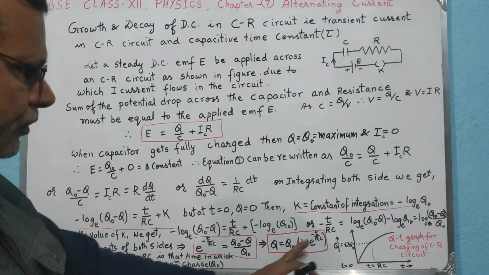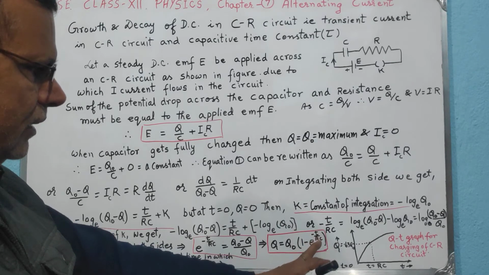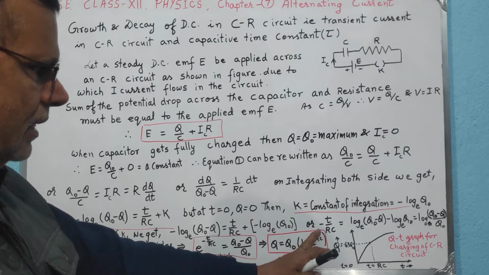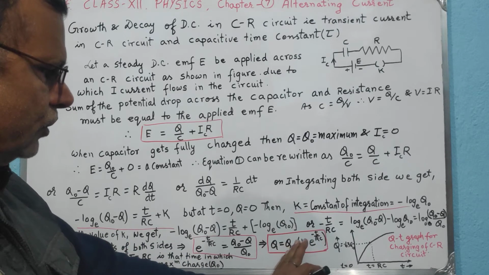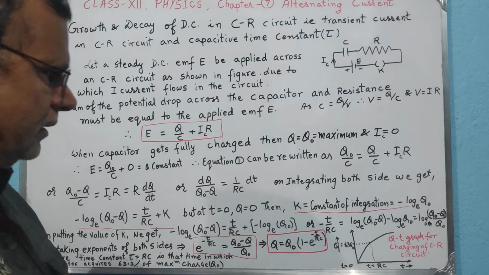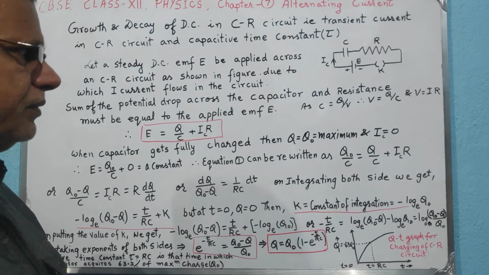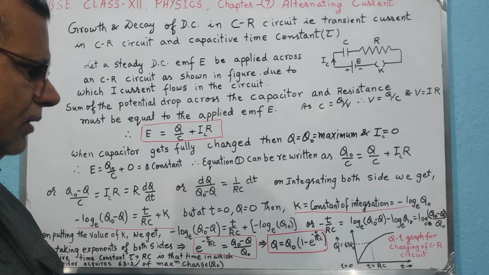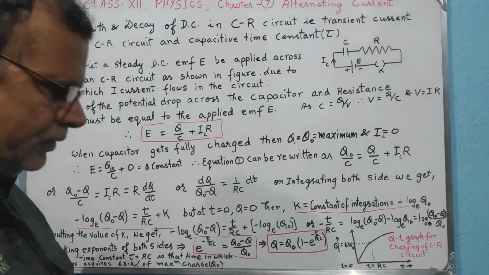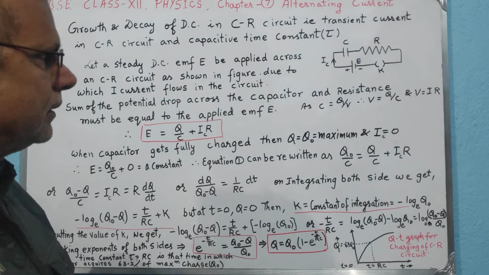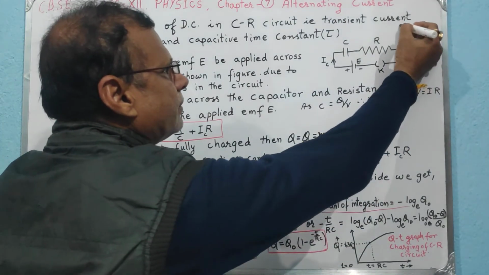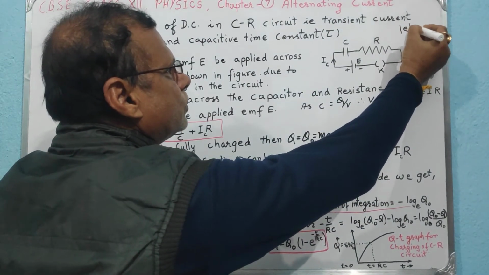Here, if you take the value of t equal to RC, then RC divided by RC is 1, so Q becomes equal to Q0 into 1 minus e to the power minus 1. Again we put the value of e to the power 1 equal to 2.718.